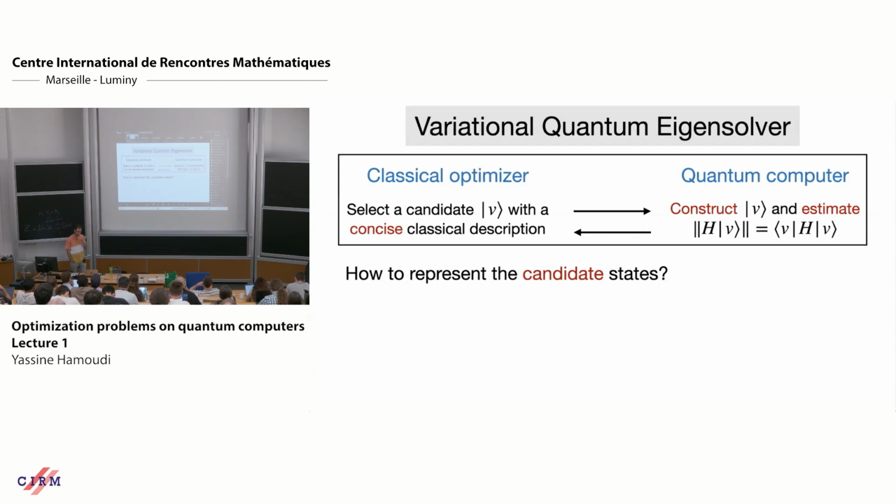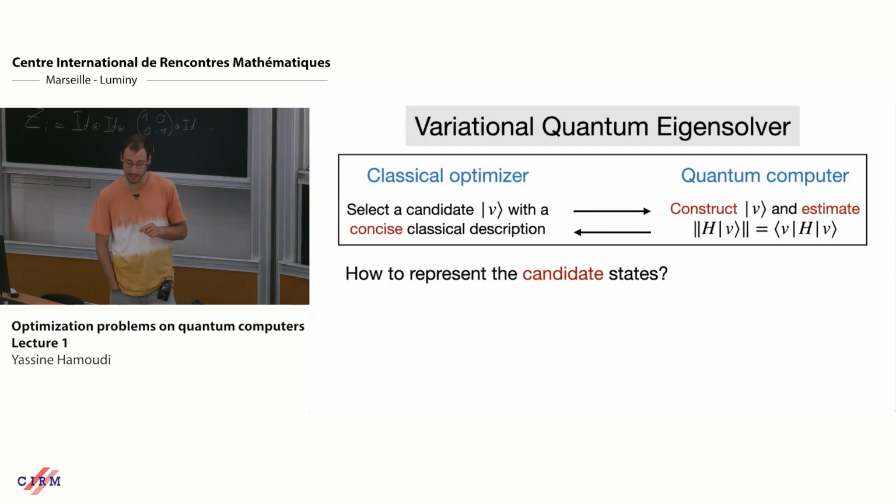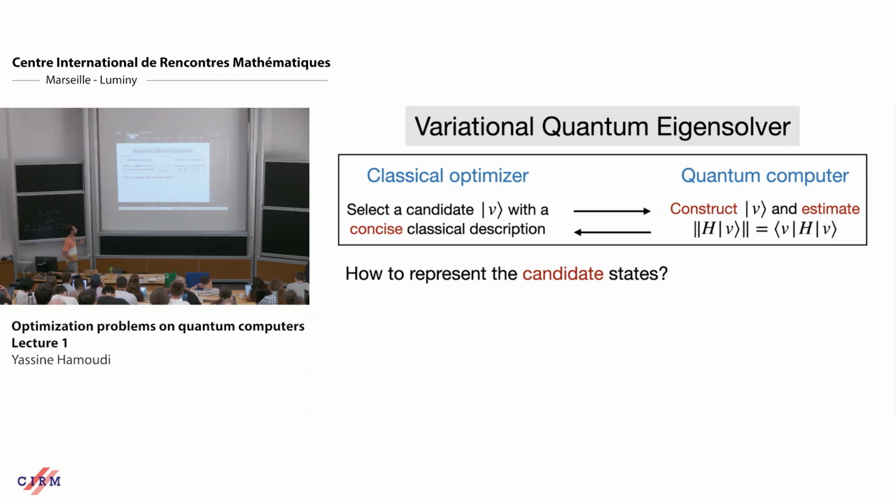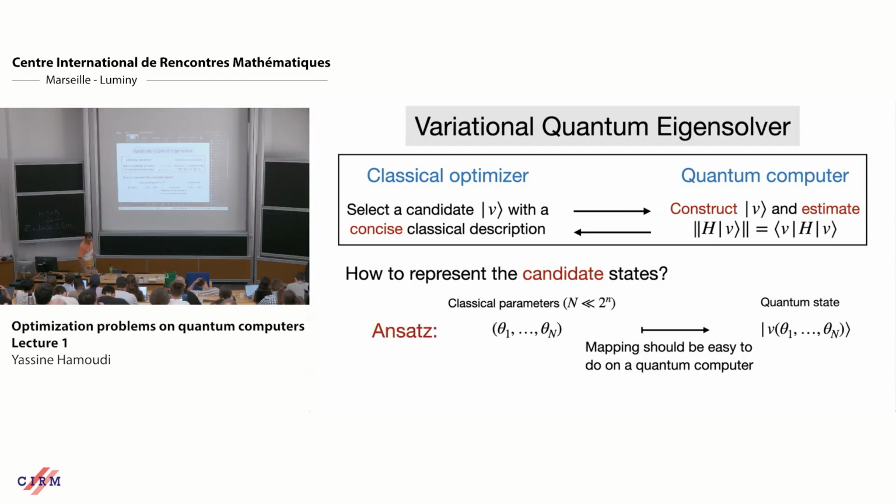So this is just a high-level description. Now let's go into the details. The important question to address is what should be the concise description of a candidate state, so how to represent such a state? This is going to be about finding what is called an ansatz.